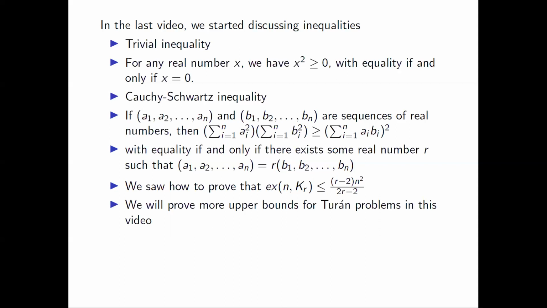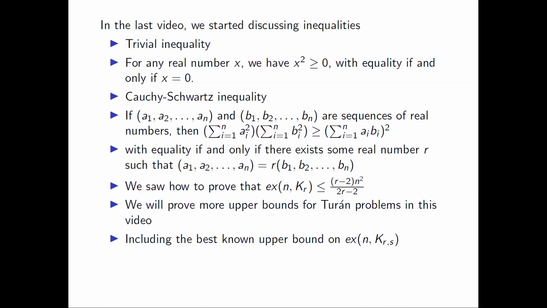In this video, we're going to look at more Turan problems. Instead of looking at complete graphs, we'll look at complete bipartite graphs this time. And we're actually going to be able to prove the best known upper bound on the Turan extremal function for complete bipartite graphs.